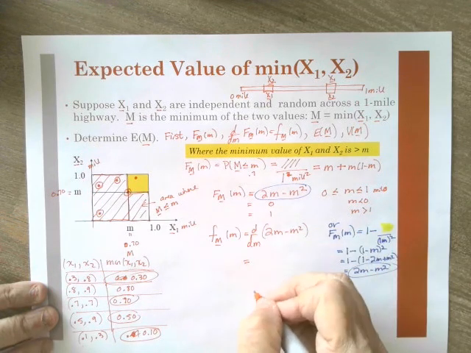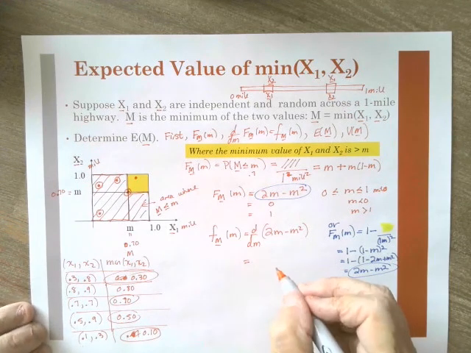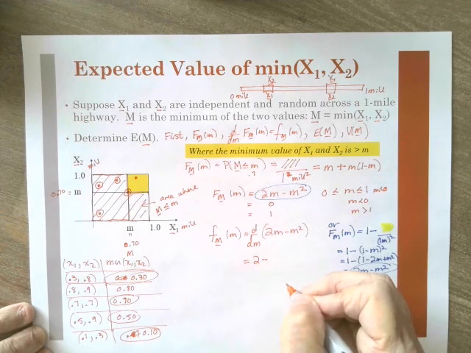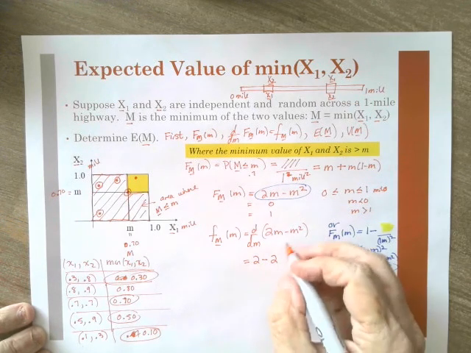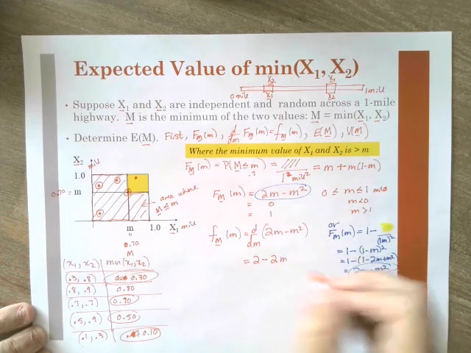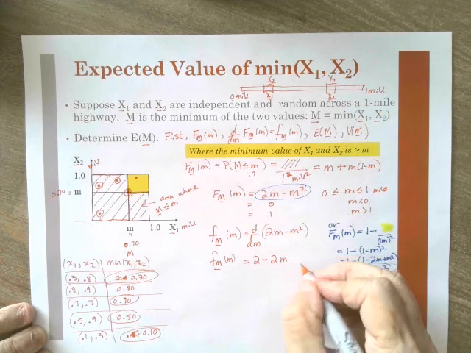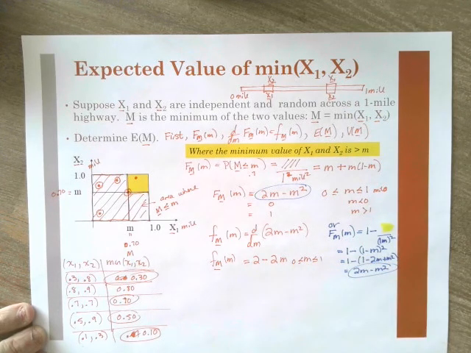And I'm going to find that that gets me 2 minus 2m, and that will be good for m between 0 and 1.